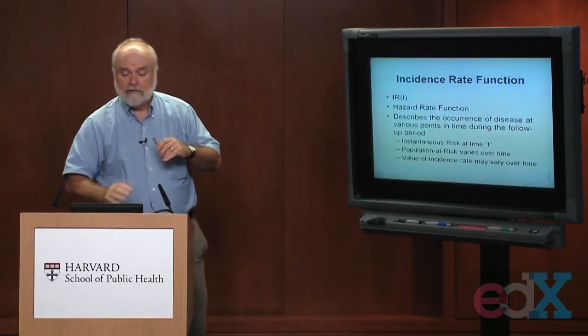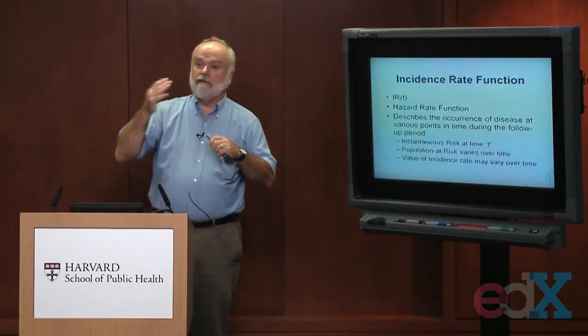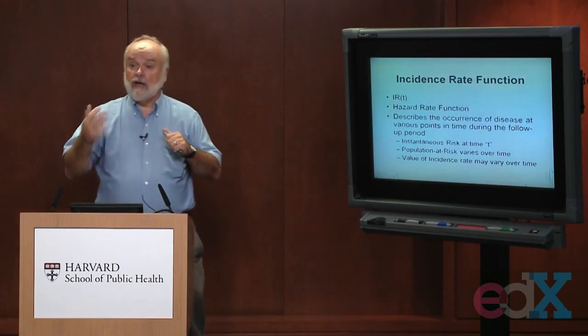Well, that single number, 2.33 cases of headaches for every 100 person time, doesn't reflect the possibility that the incidence rate could be different at different periods of time during the follow-up. So what I want to introduce to you is the notion of an incidence rate function, a function of time.